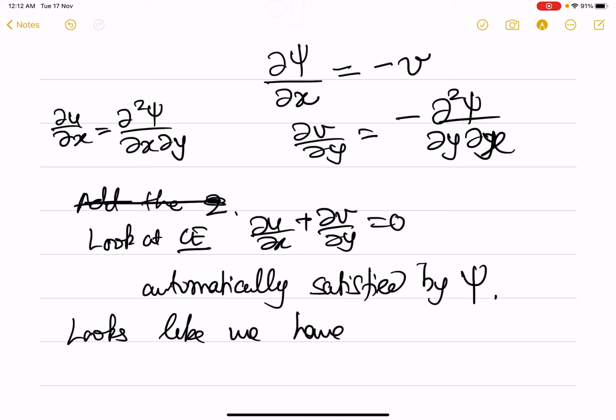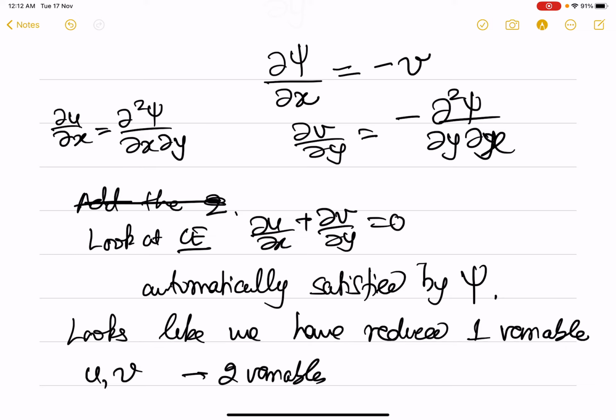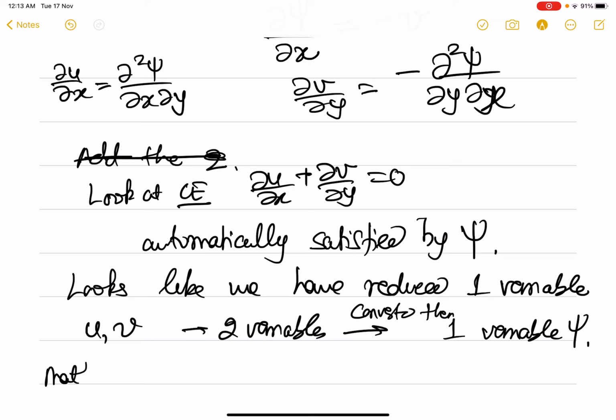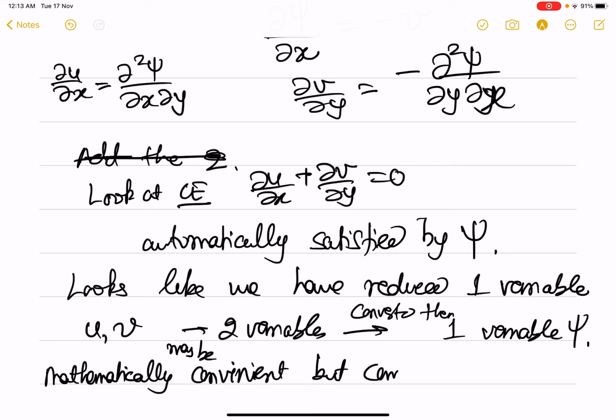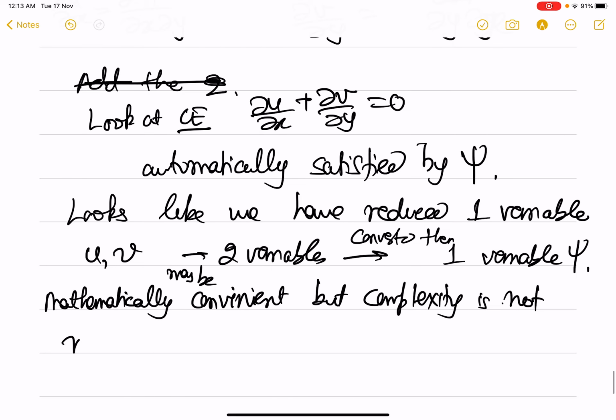So now it looks like we have reduced one variable. Why? Because earlier we had two variables u and v, and by using this trick we have converted them to one variable, psi. But mathematically it may be convenient, but complexity is not reduced.